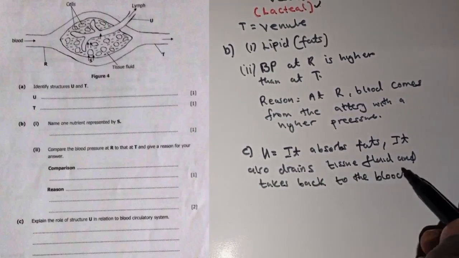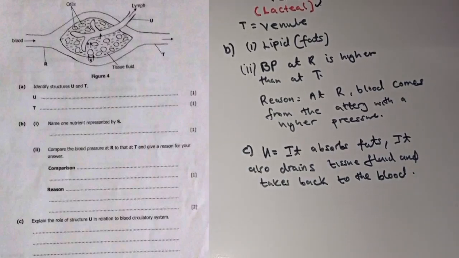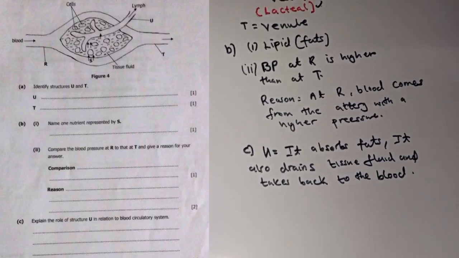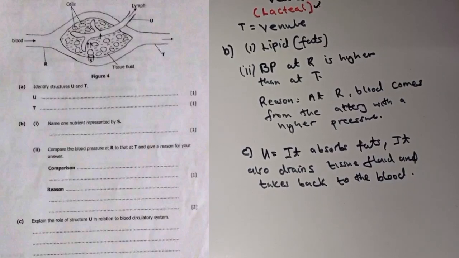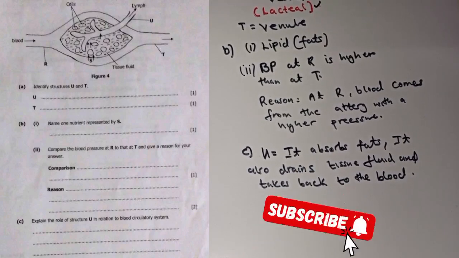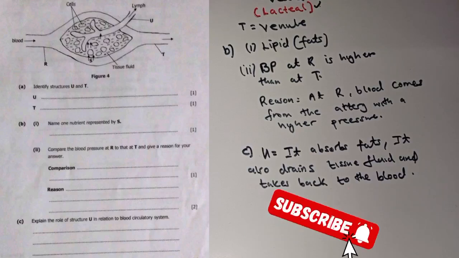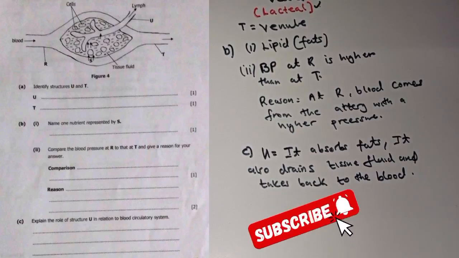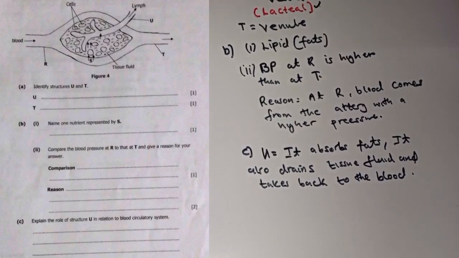So these are some of the roles, just to keep it simple, looking at the marks of the question, that this lymphatic vessel plays in relation to the blood circulatory system. So it has to drain the fluid and then take it back to blood. That's why the volume of blood is kept constant.